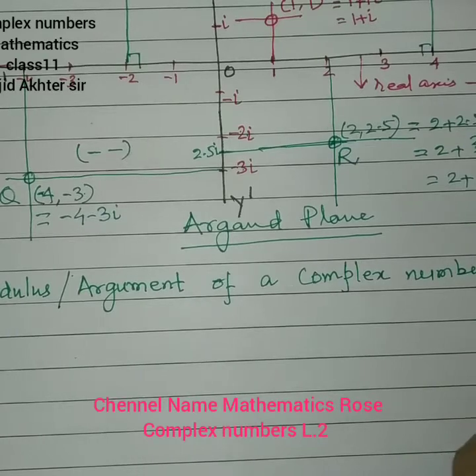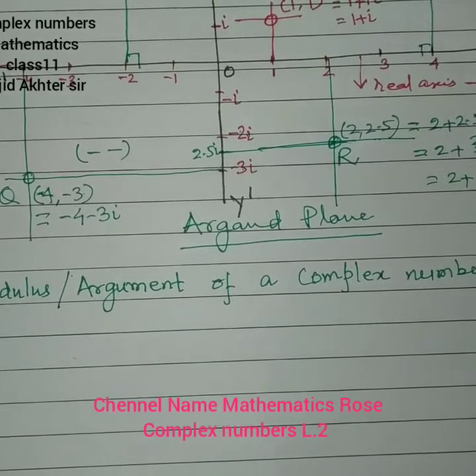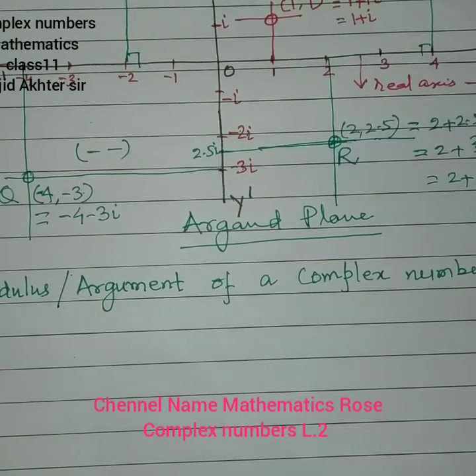Suppose z is equal to a plus ib. मॉडुलस एंड आर्गुमेंट के बारे में डिस्कस करते हैं.